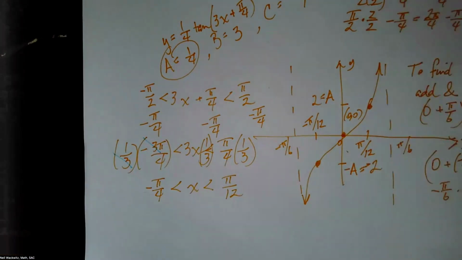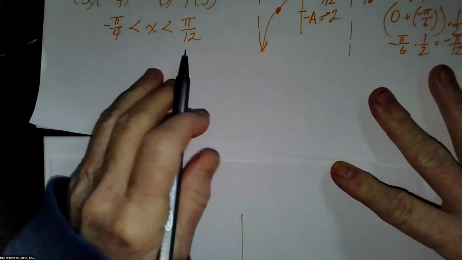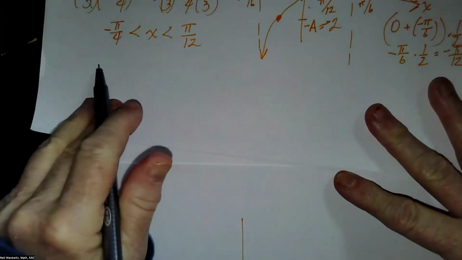Okay, good. So that means that our two vertical asymptotes closest to 0, 0 are going to be at x equals pi over 12 and x equals negative pi over 4.